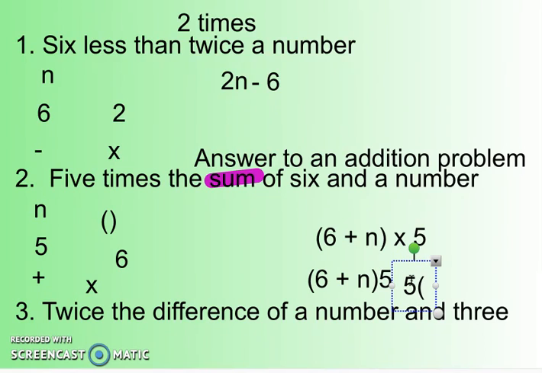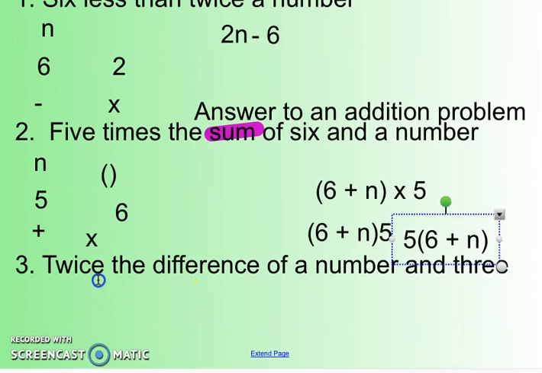Yeah, actually I could put the number first, and putting it first follows the order in which the phrase is written. It says 5 times the sum. So this shows 5 times, because it's right next to the parentheses, the sum, meaning we're adding inside the parentheses to find the answer to an addition problem, 6 and a number. And so we used n for that secret number.